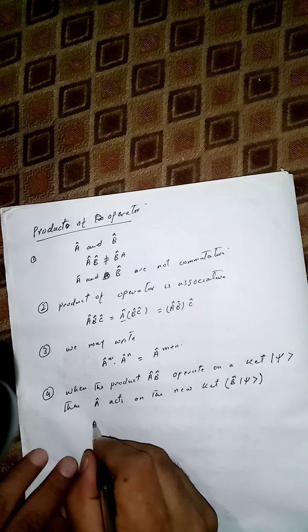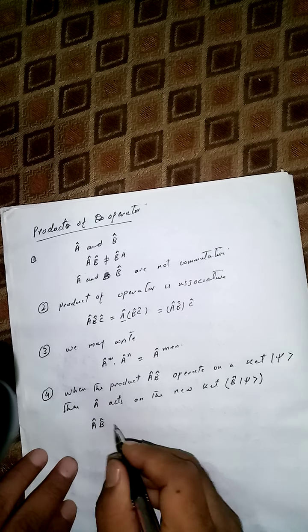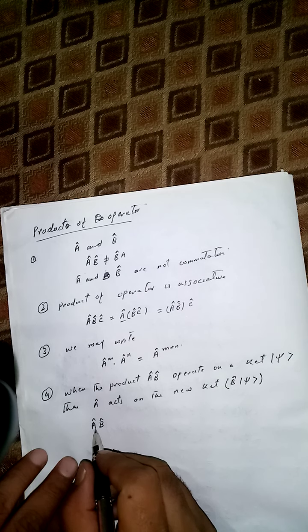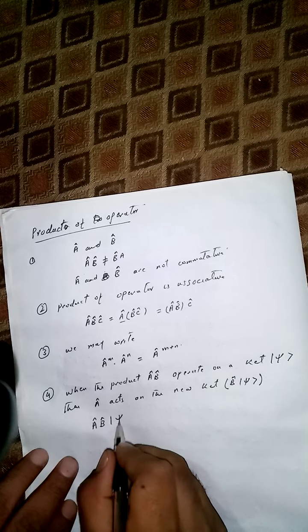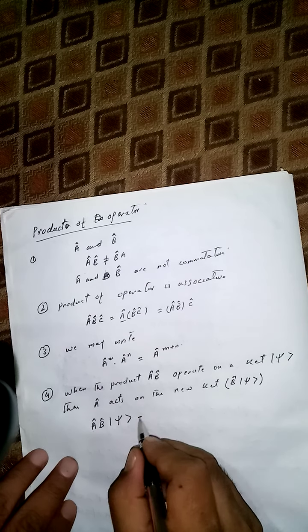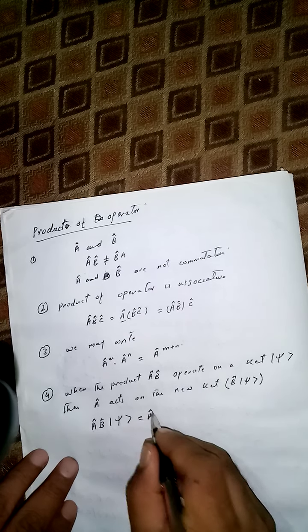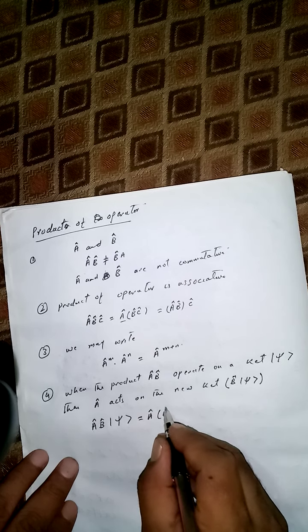Suppose we have two operators A and B such that the product AB operates on the ket psi, then first the operator B operates on the ket.